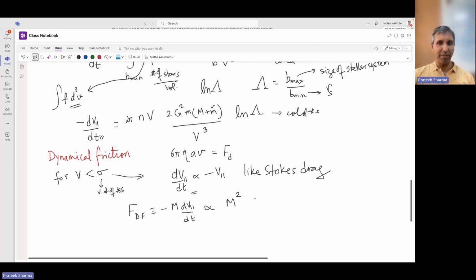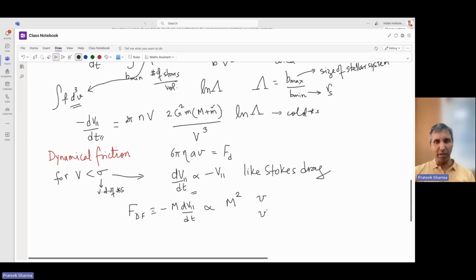And then there is a velocity dependence, V or V to the minus 2, depending on whether sigma is less than V. Sorry, no, this is minus 2. So this applies when sigma is greater than V, and this applies when sigma is less than V.